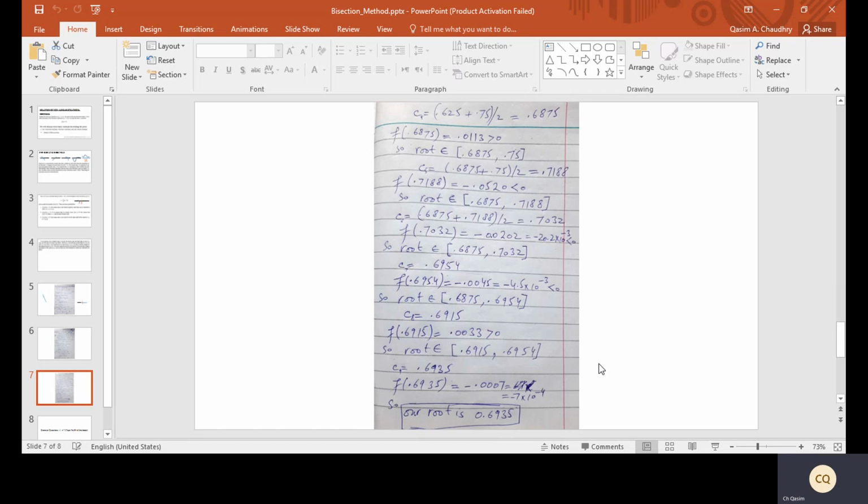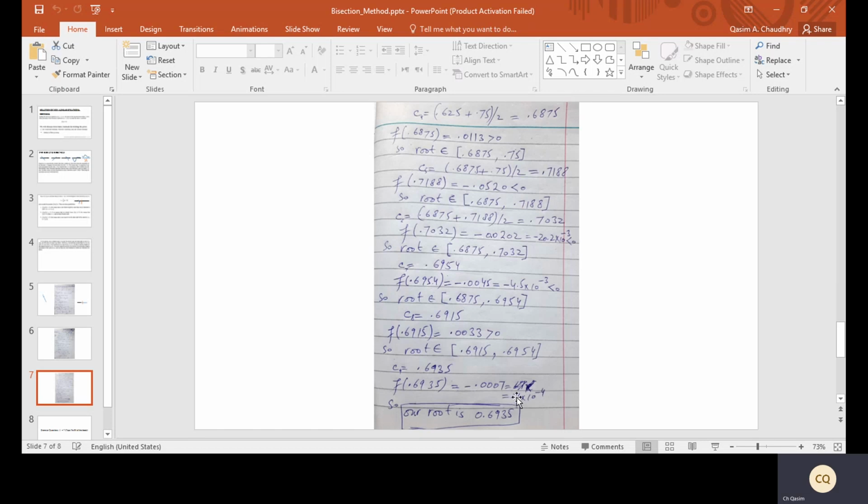You are not asked to find the error between the exact value and the approximate value. Normally they don't ask like this, but sometimes it happens that they simply ask that the functional value should have a difference from the 0 value not more than, say, 10 raised to power minus 3.